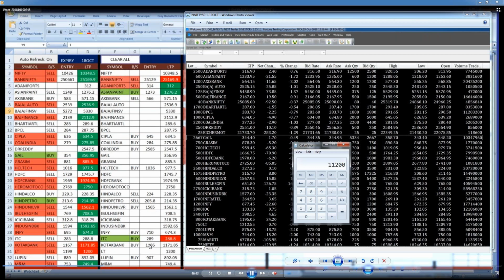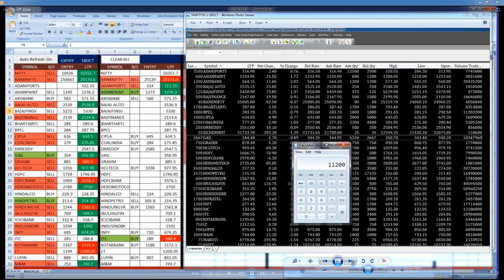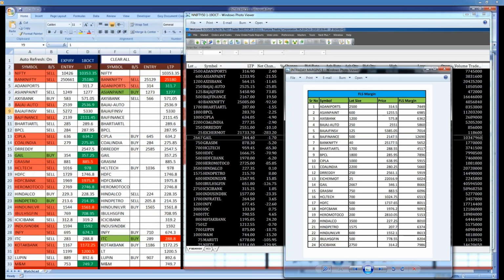And if you ask me what will be the trend for tomorrow on Kotak, I actually showed you now. And what is the margin again on Kotak?